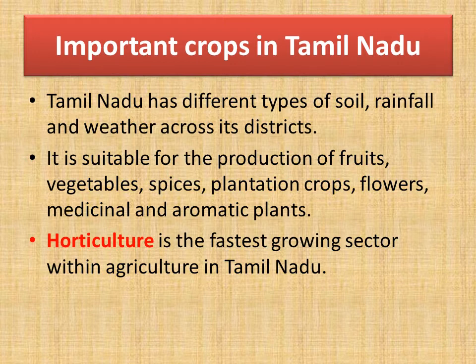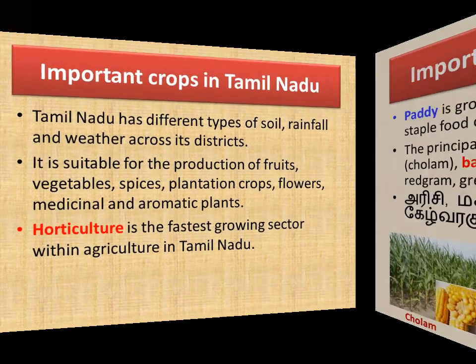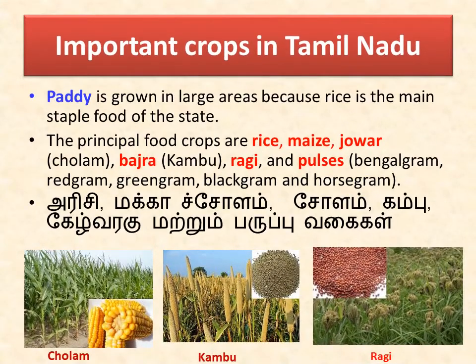We learned about horticulture in the last class. We learned that it is a science or art of cultivating fruits, vegetables, flowers or ornamental plants. So horticulture is the fastest growing sector within agriculture in our state. Dears, paddy is grown in large areas because rice is the main staple food of the state.